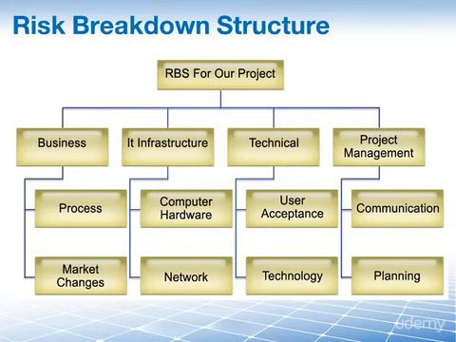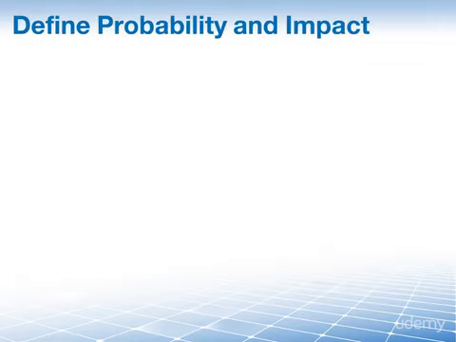The idea here is that in the plan we put in this risk category, so to speak, a breakdown structure in which we show, hey, these are the categories for which we are going to want to identify our risks later on.